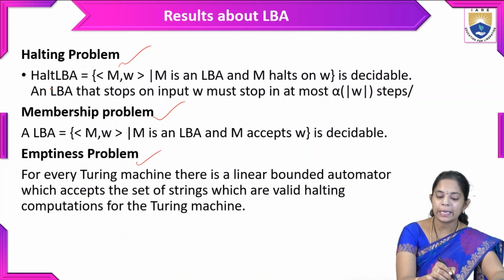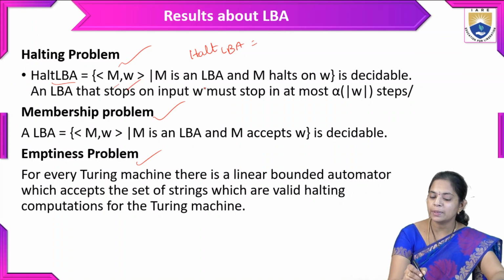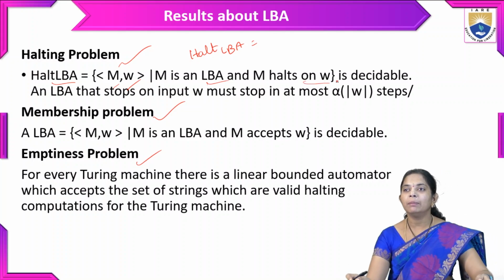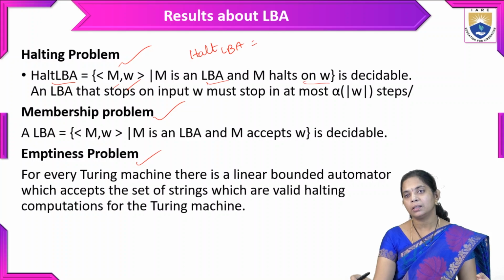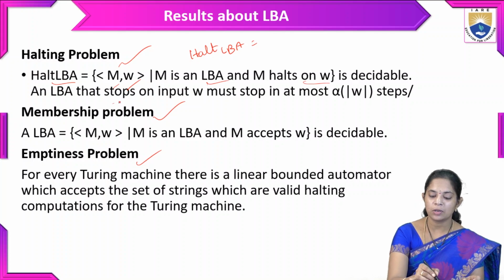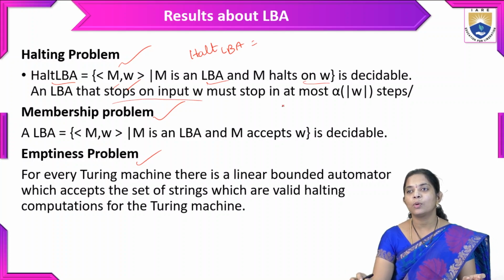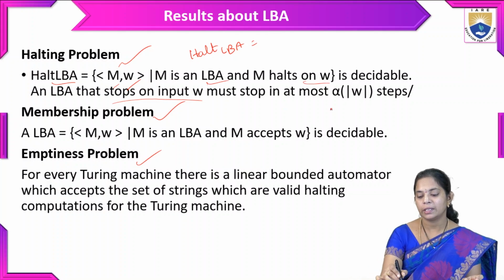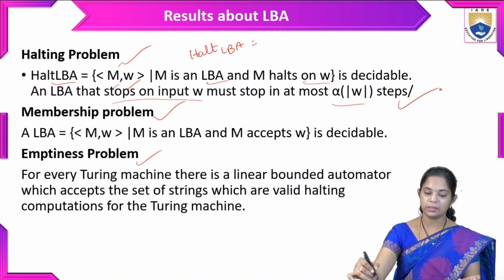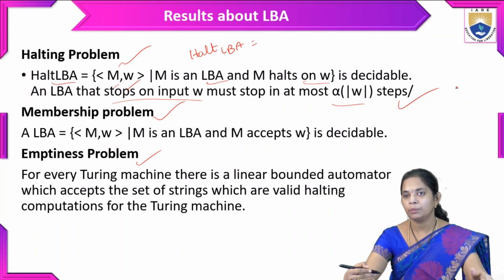Here, HALT LBA, which is M and W. M is a linear bound automata and M halts on W. This is going to be decidable, and an LBA that stops on input W must stop in at most alpha of W steps. So the halting problem is solved with the linear bound automata.